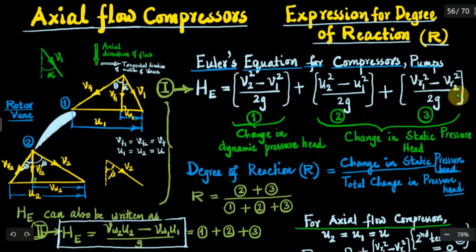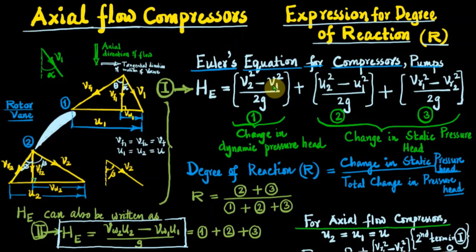Remember, the third term is in the opposite order, and we have already discussed that in the context of axial flow compressors, the relative velocity at outlet is less than the relative velocity at inlet, and the absolute velocity of air at outlet is more than the absolute velocity of air at inlet.